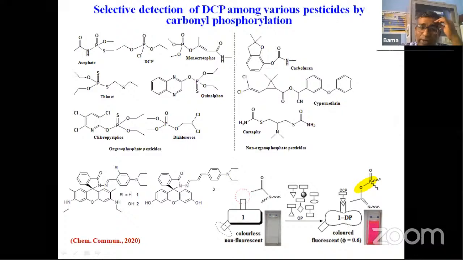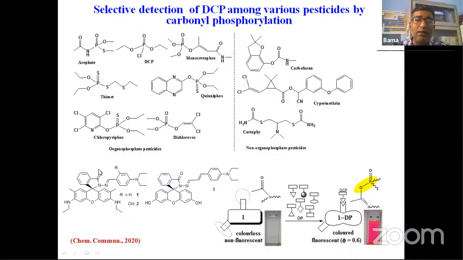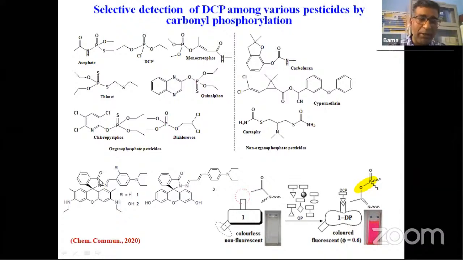In this case, we have shown that the analyte, this organophosphate, binds directly to the carbonyl of the spiro ring of this rhodamine-based system. This is important because, if we discuss a bit of chemistry, it gives an Abramov product through an intermediate.